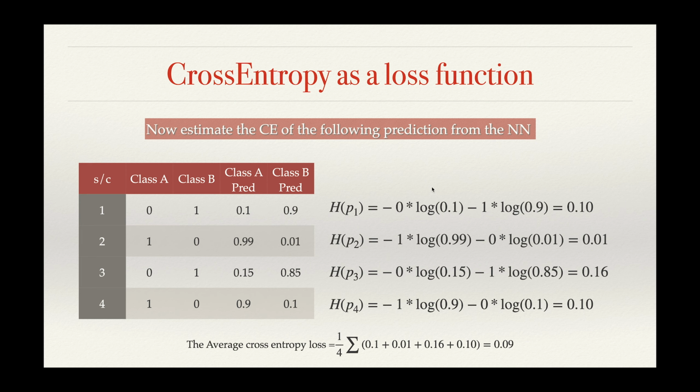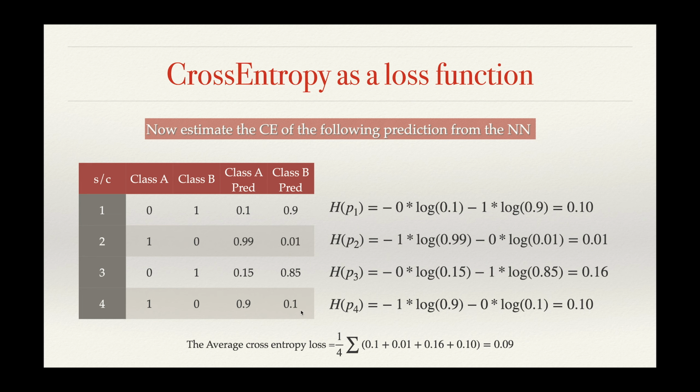So we are comparing how much the distribution generated from the neural network diverges from the original distribution. For example, in this case, it's 0.10 we get. In this case, it's closer. We can see 0.99, so here the system is more confident and is correct. Then 0.01, 0.16, and 0.10.